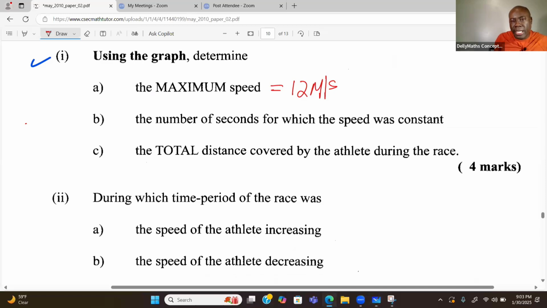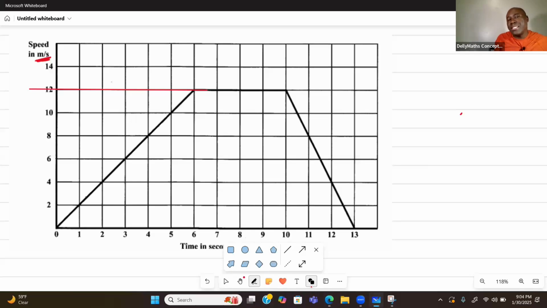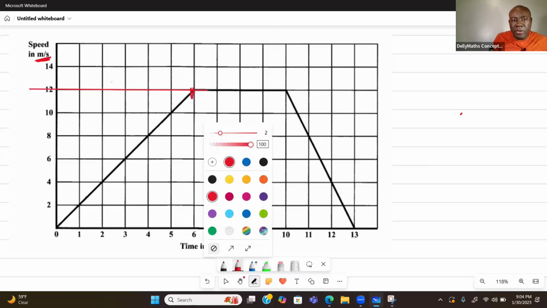Now, let's take a look at the second question. We want to determine the number of seconds for which the speed was constant. If the speed was constant, it means that it's not increasing. Here, the speed of the person is accelerating until it reaches that maximum speed. When it reaches this maximum speed, you notice that the speed remains the same at 12.